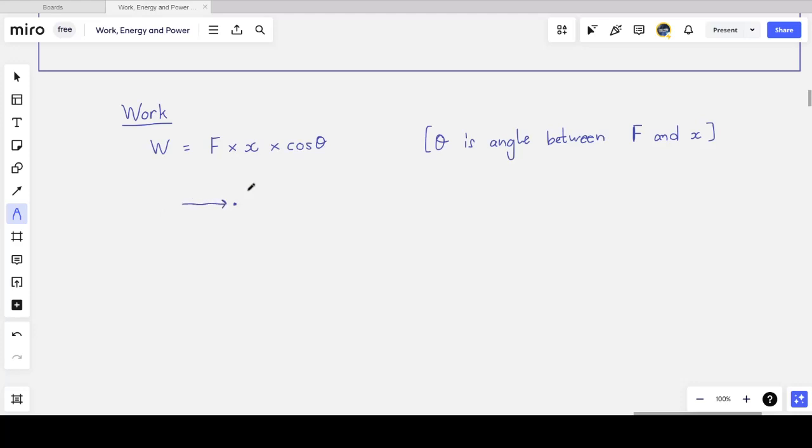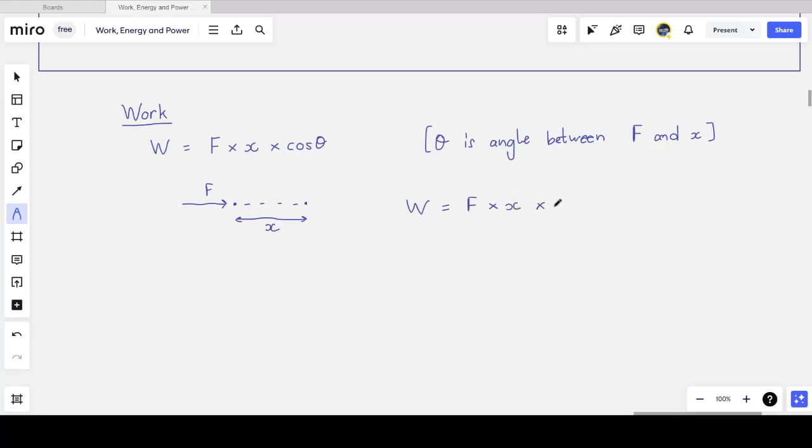I push on this ball or on this block with the force F, and the object moves to another point, and its displacement also to the right is X meters. So the work done on this object, W, will be the force that I apply. Let's assume that's also a constant force to make our life a little easier. We'll always assume constant forces here.